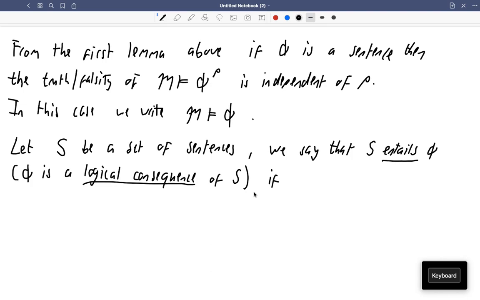Our interpretation is based on having a structure, and every structure gives us essentially a model in which we can say, is the formula true or false? So now our quantification is going to be that phi is a logical consequence of S if for every structure M for which all the sentences in S hold, then phi also holds. So phi here is also a sentence.